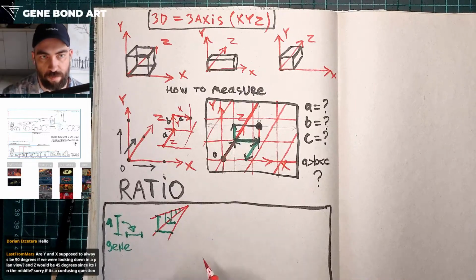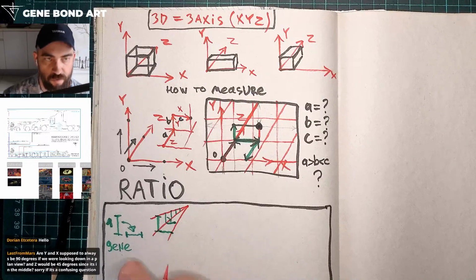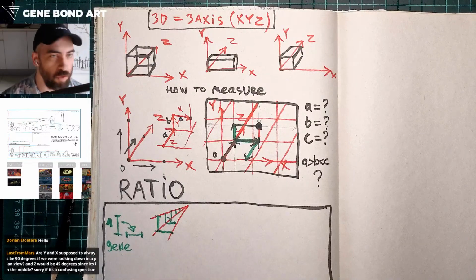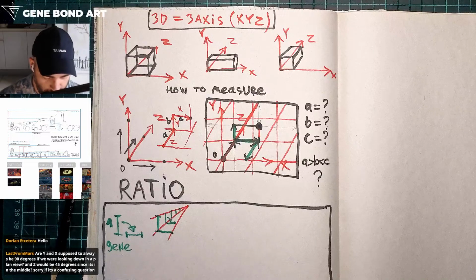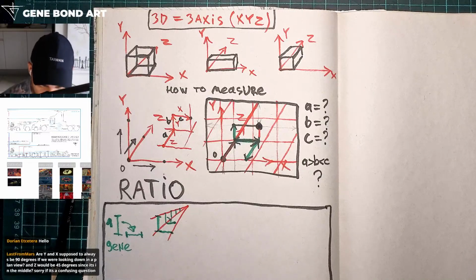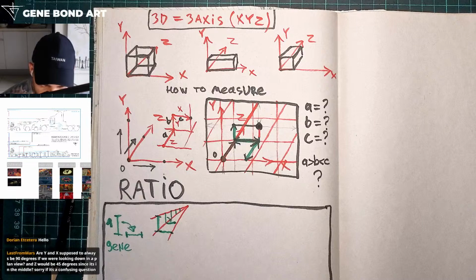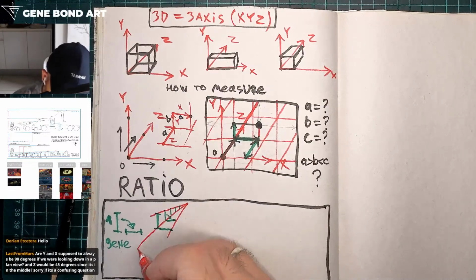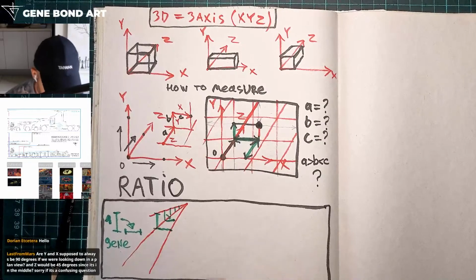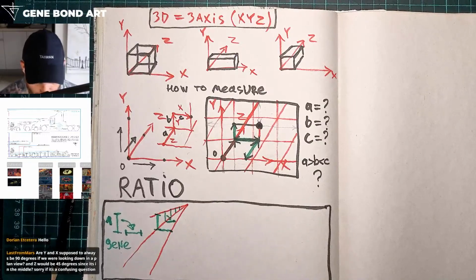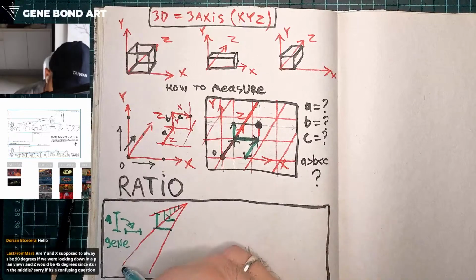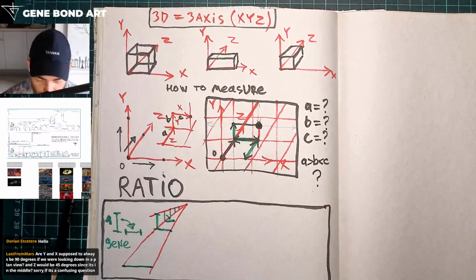Everything will be measured according to this initial model, initial proportion. So let's say I can draw, so here will be one gene here.